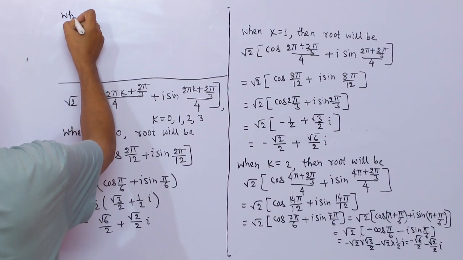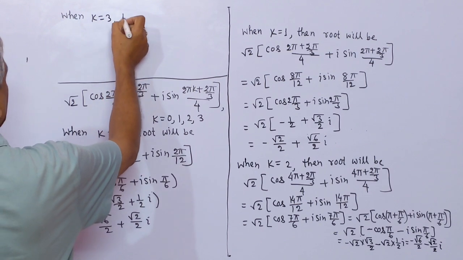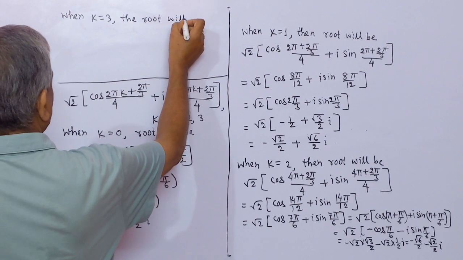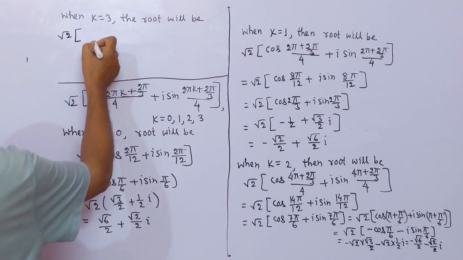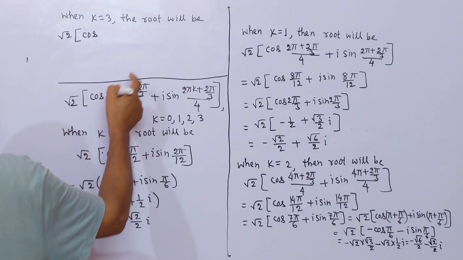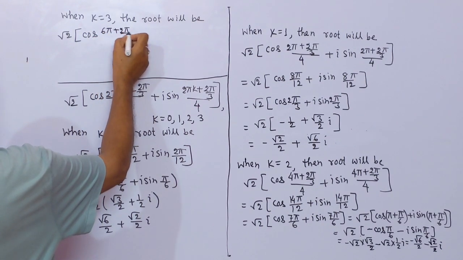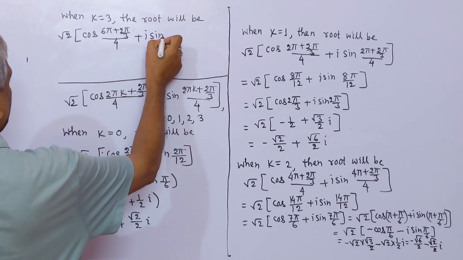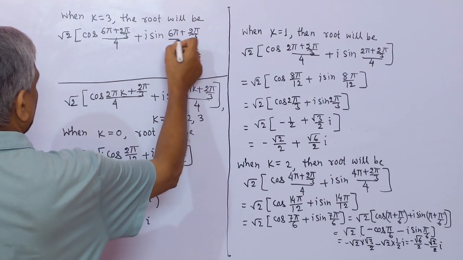When k equal to 3, the root will be square root 2 cos, here 3 means 6 pi plus 2 pi by 3 by 4 plus I sin 6 pi plus 2 pi by 3 by 4.